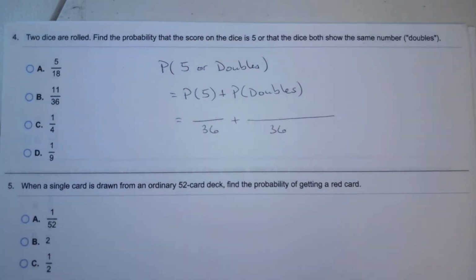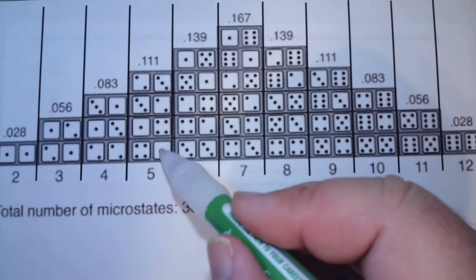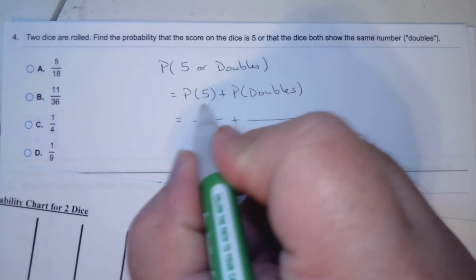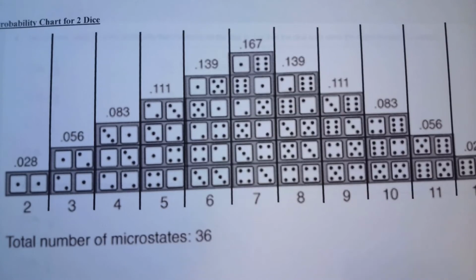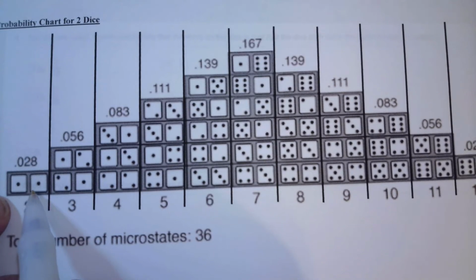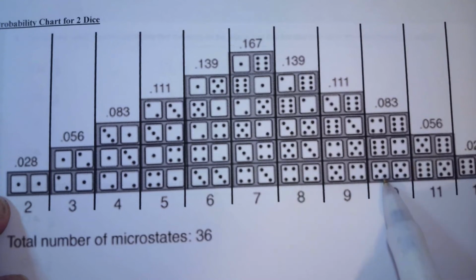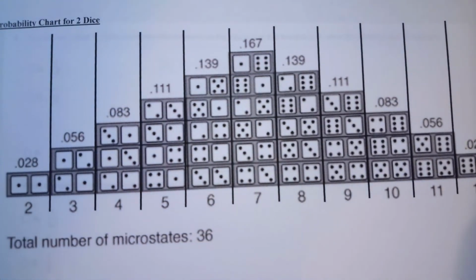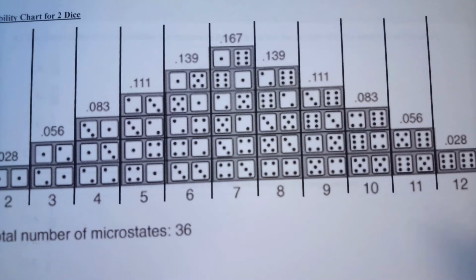So let's look at this. Now 5. 1, 2, 3, 4. So it could happen 4 times. Now doubles. 1, 1. That's 1. 2, 2. That's 2. 3, 4, 5, 6. So the only way you can get doubles is on the even numbers, 6 times.